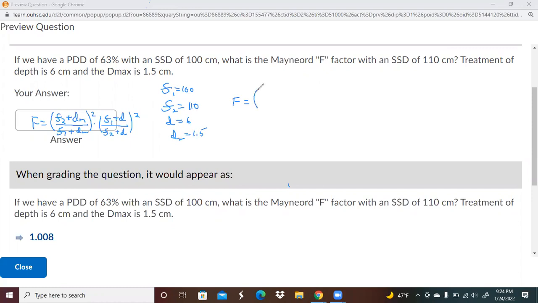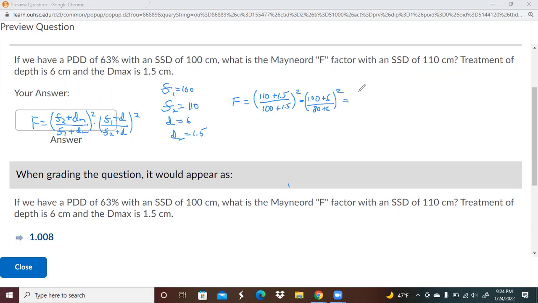So the Mayneord F factor in this particular case is going to be 110 plus 1.5, and then 100 plus 1.5, all of that gets squared, multiplied by 100 plus 6, and then 80 plus 6.